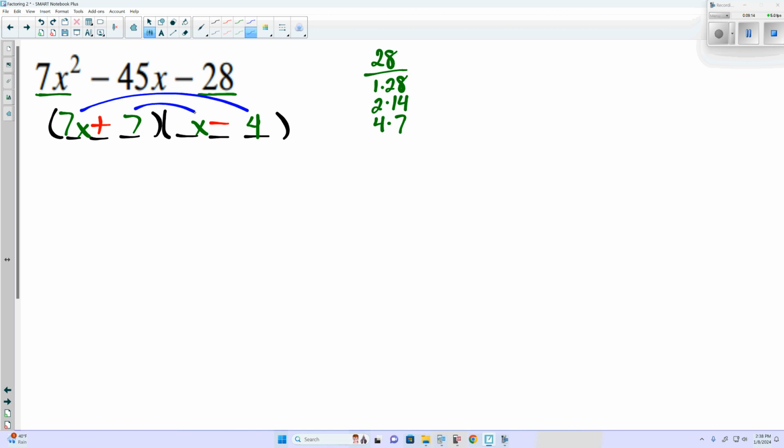At this point here, we can check this here. 7x times negative 4 is negative 28x. 7 times x is going to be plus 7x. And negative 28x plus 7x is negative 21x.